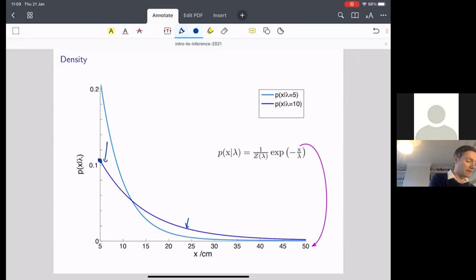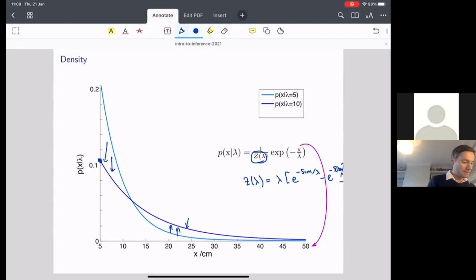In this region, it's lying below the light blue line, and in this region, it's lying above the light blue line. And that's all because of this normalizing constant, which we said looked like lambda times e to the minus 5 centimeters over lambda minus e to the minus 50 centimeters over lambda.